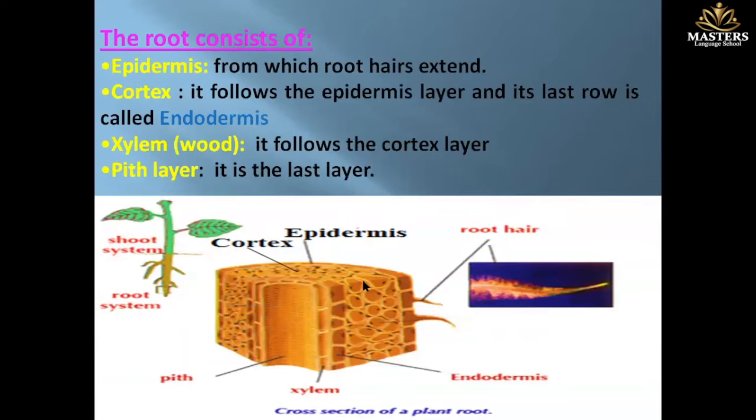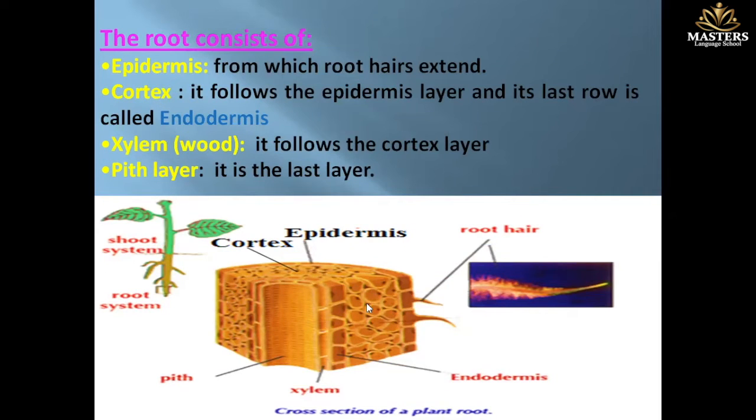What's the structure of the root? The structure of the root consists of a number of layers. Let's begin with the external or outer layer, which is called the epidermis, from which root hairs extend. Then the cortex layer, which follows the epidermis.